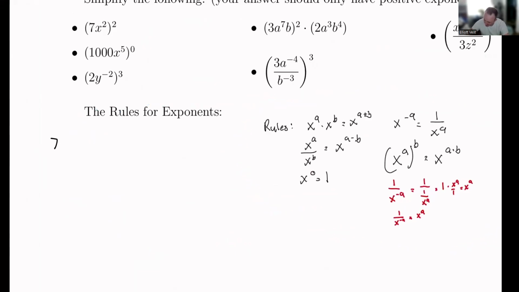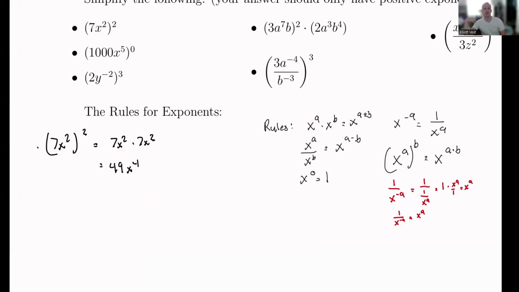Okay, I see 7x squared to the 2 power. Well, what is that? When in doubt, write it out. 7x squared times 7x squared. 7 times 7 is 49. Notice how when I have these numbers, I'm not doing 7 squared or something. I know what 7 times 7 is. It's just 49. So I'm going to say 49 times x squared times x squared, and by adding these two together it's x to the fourth.